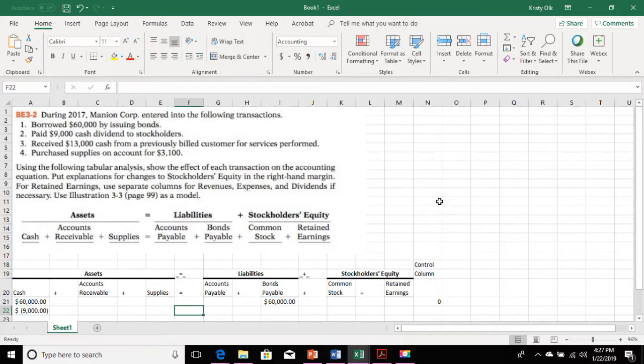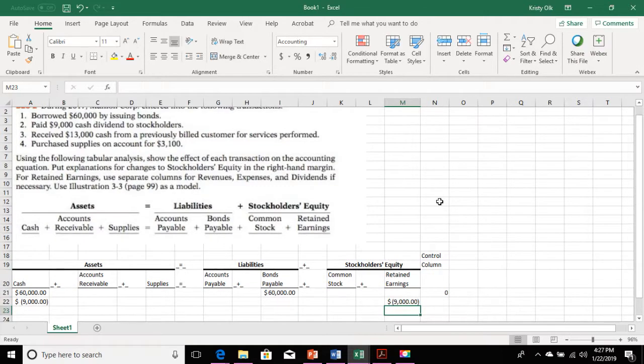And dividends, as you will recall, is an element of retained earnings. It is one of the accounts that affect retained earnings. When I carry my control column down, I'm still in balance. I'm at 0.